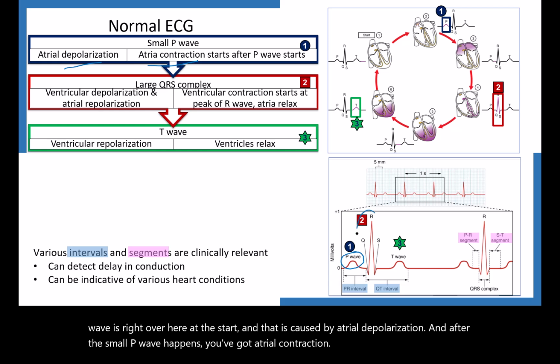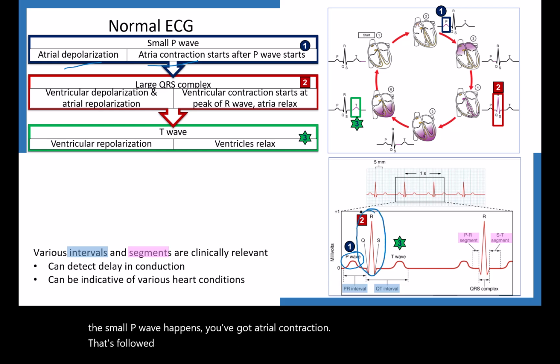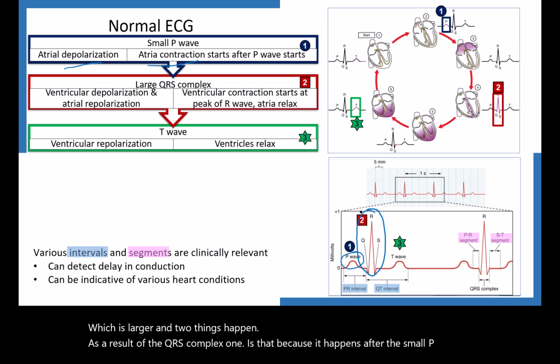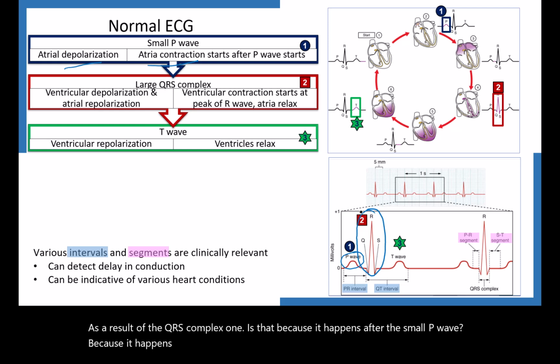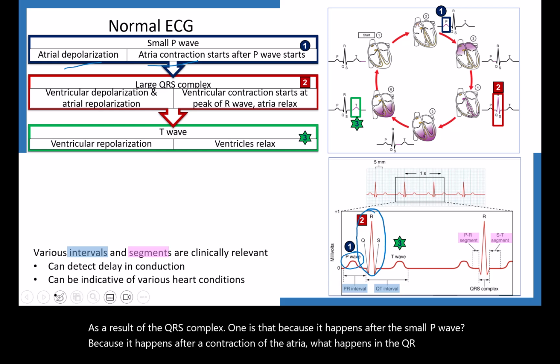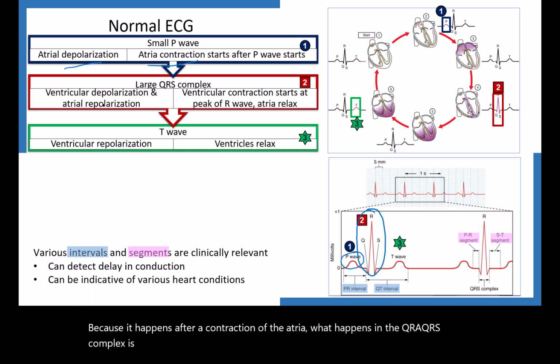That's followed by this QRS complex, which is larger, and two things happen as a result of the QRS complex. One is that because it happens after the small P wave, because it happens after contraction of the atria, what happens in the QRS complex is that the atria relax or repolarize.